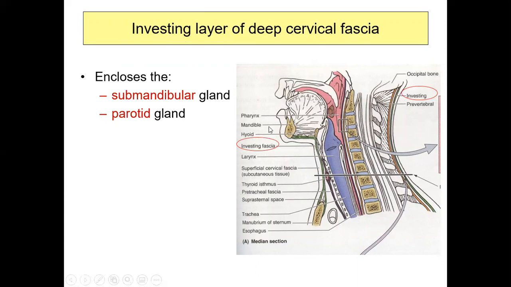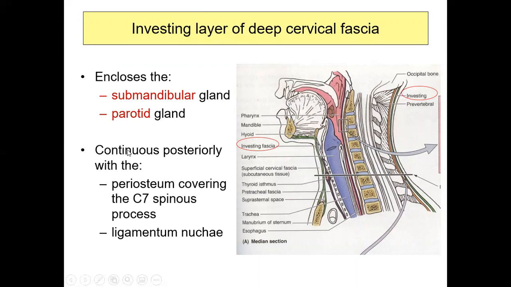It's very obvious from the green line there. This investing layer continues posteriorly with the periosteum covering the C7 spinous process, and also the ligamentum nuchae.